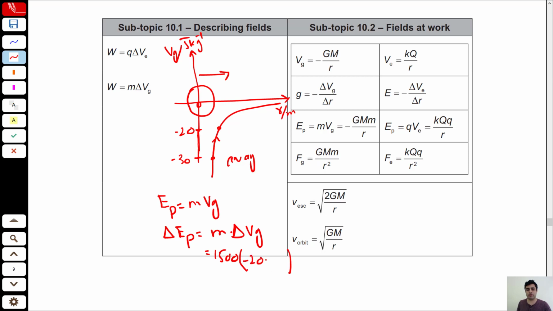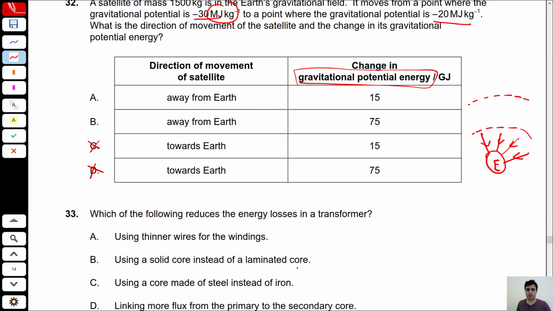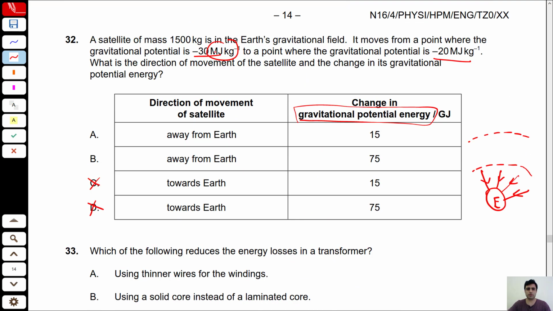Remember, we're going from negative 30 to negative 20, so this is 1500 times 10. So it's going to be 15000 megajoule of energy, because the unit for gravitational potential was in megajoule. If you multiply one more, we get giga, so it has to be 15,000 megajoule, which is 15 gigajoule. 32, A.